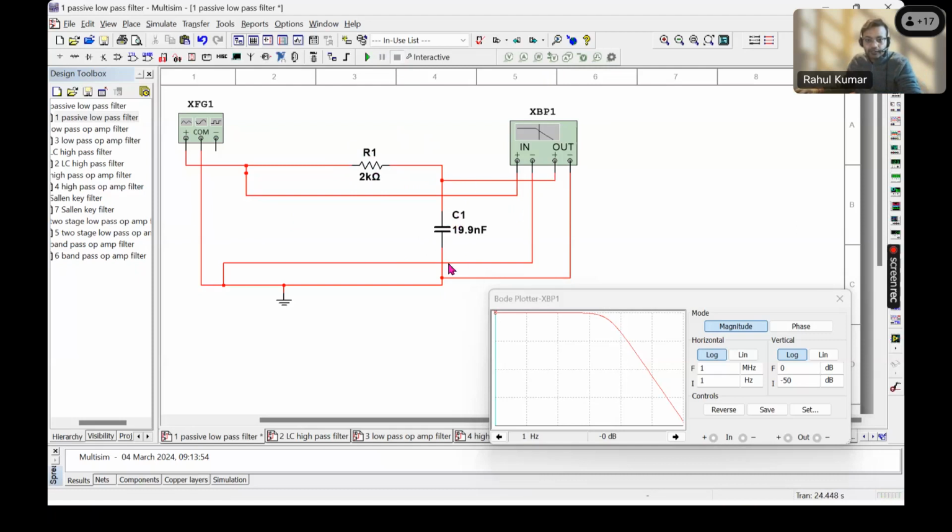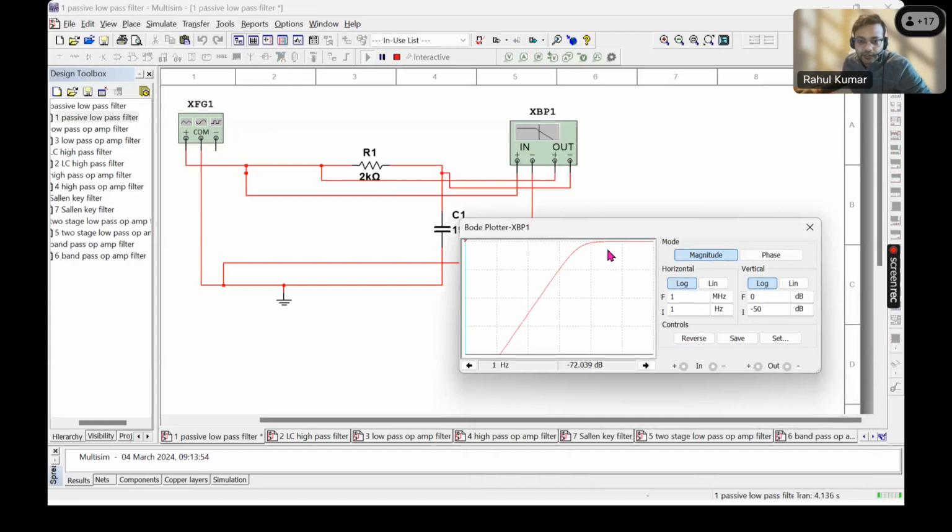The output currently we are measuring across the capacitor. Now, if we change it and connect it across the resistor like that, we will get a high pass filter. So if you swap the positions of resistance and capacitor, you'll get a high pass filter.